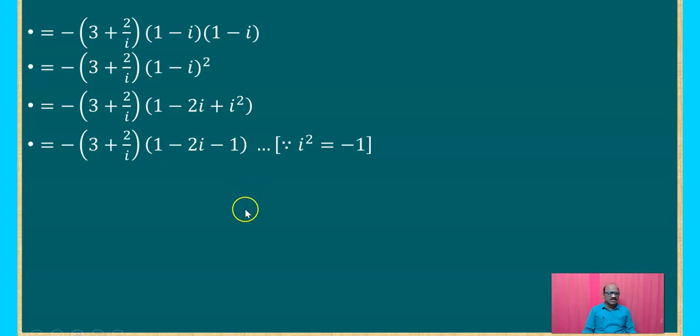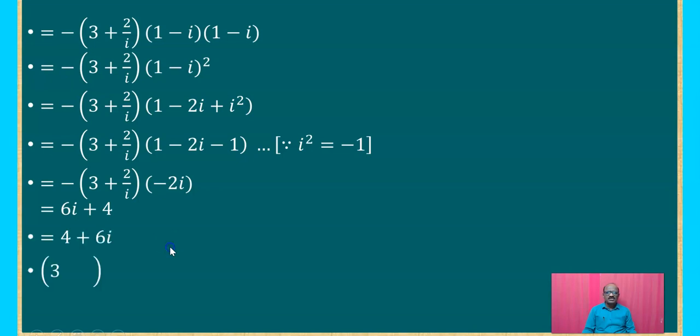Plus 1 and minus 1 get cancelled. Here you will get their multiplication, minus 6i, and again their multiplication, 2 upon i into minus 2i. i gets cancelled, you will get minus and minus, that will become plus. Therefore it is 4, 6i plus 4, 4 plus 6i. In the first bracket 3 plus 2 upon i, second bracket i raised to 6 minus i raised to 7, next bracket 1 plus i raised to 11, that is equal to 4 plus 6i.